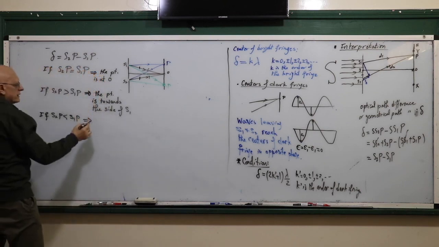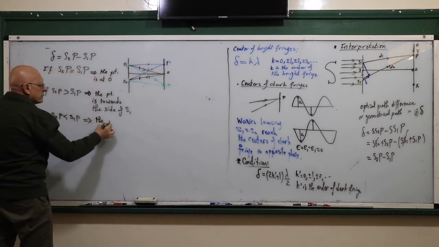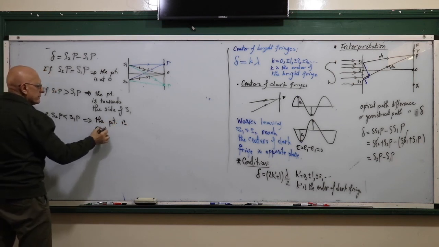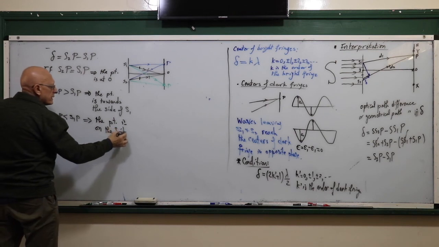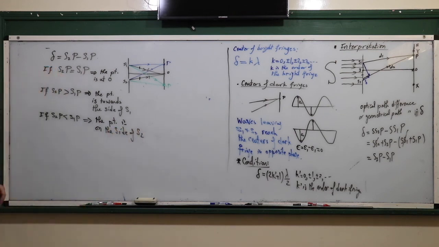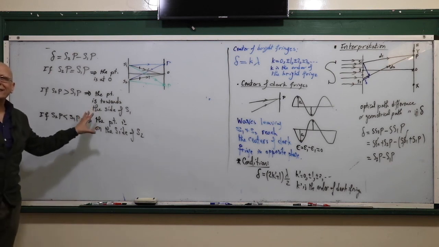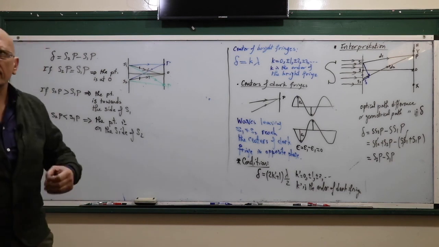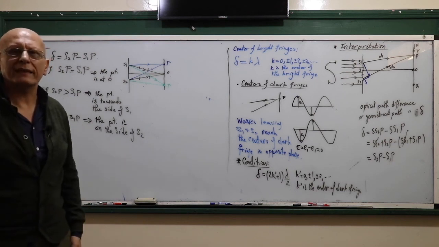So I say that P, the point, is on the side of S2, and this is the end of the experimental study. Now I am going to talk about theoretical study.